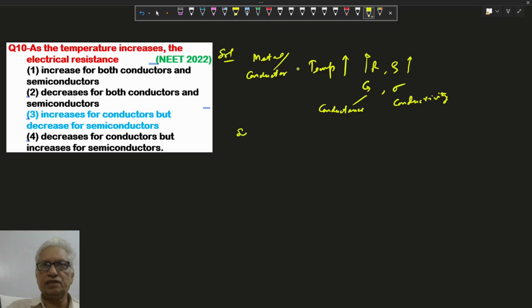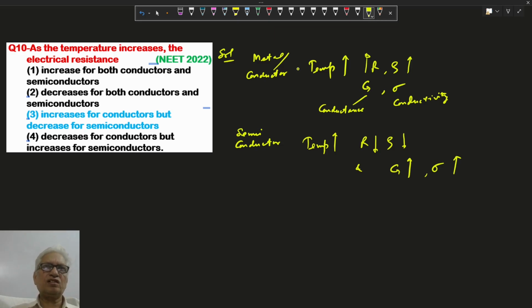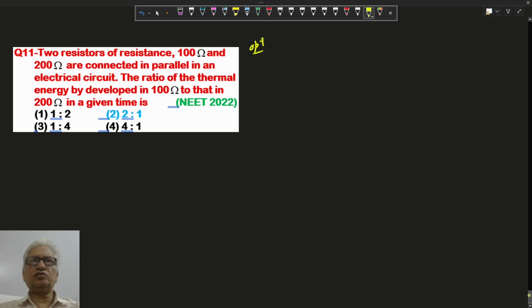And for a semiconductor, if we increase the temperature, resistance and resistivity decrease, and conductance and conductivity increase. We are talking about the resistance. So for a conductor metal it increases, for a semiconductor it decreases. So option 3.